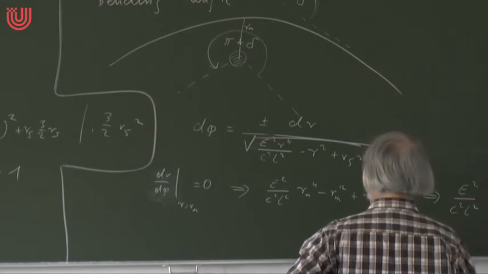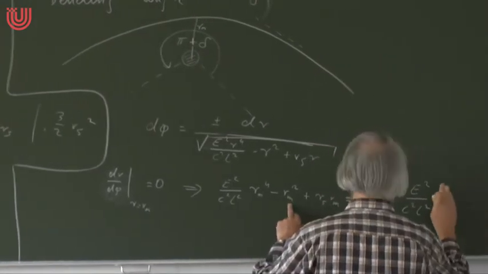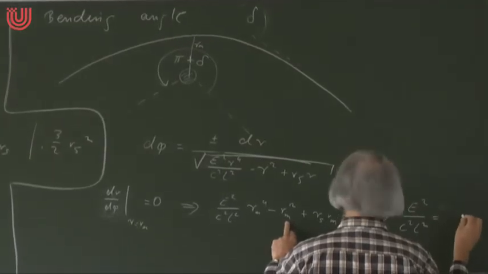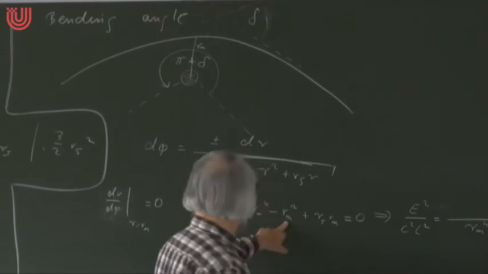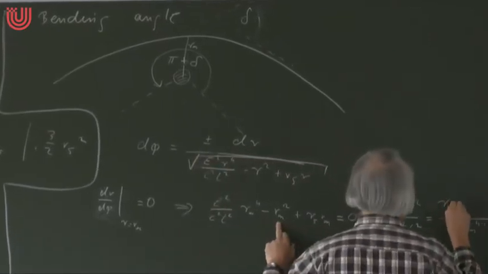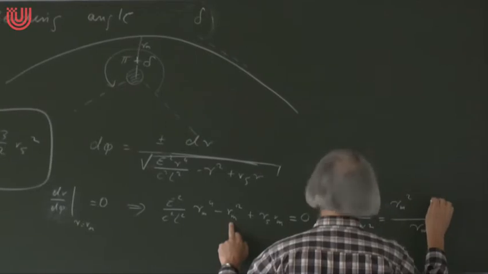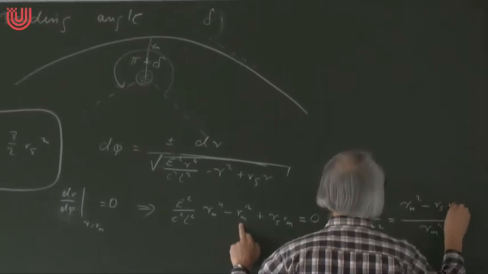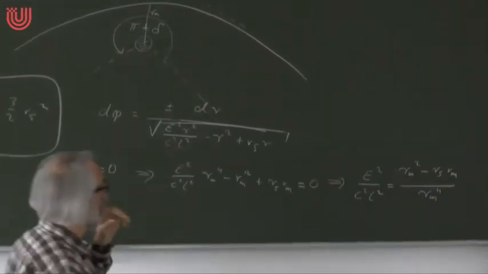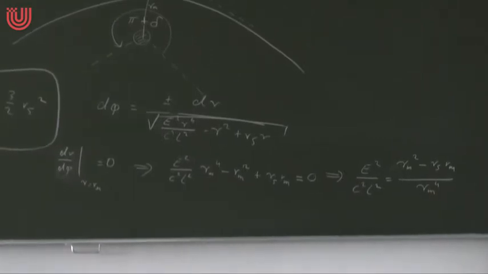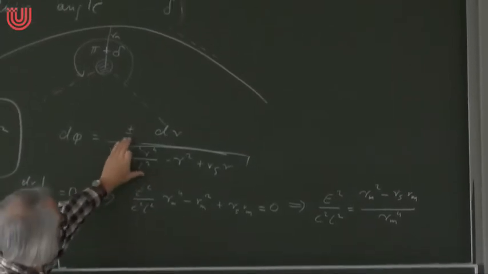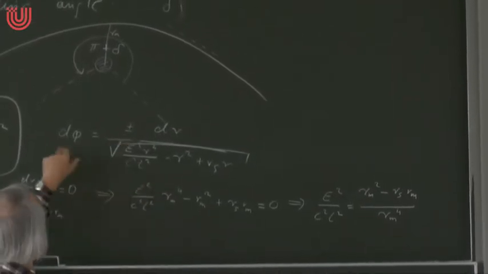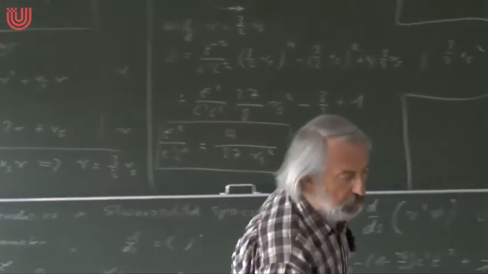So this is equal to what? It is something divided by Rm to the 4, and here I have Rm squared minus Rs Rm. Okay, it can be simplified a little bit, but anyway. And so this is the expression I can insert for E over L. And then I can integrate this over the whole orbit, and then I get the formula for the bending angle.